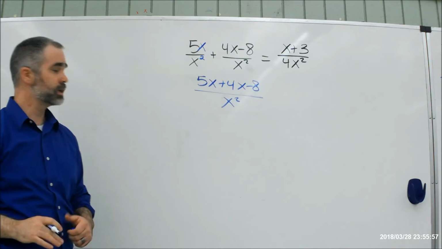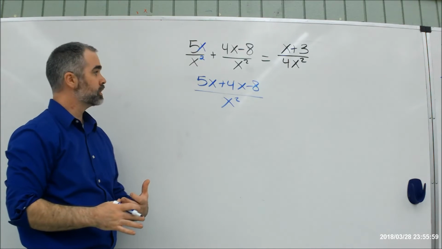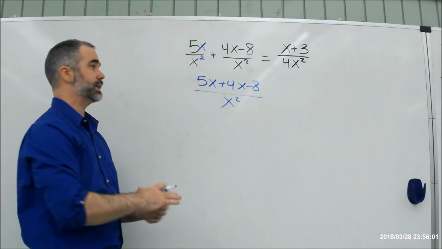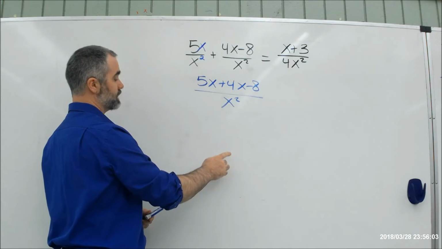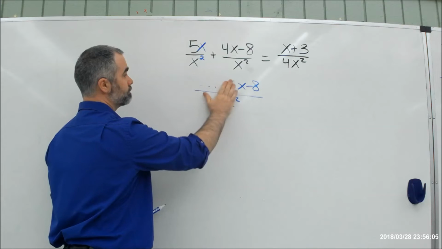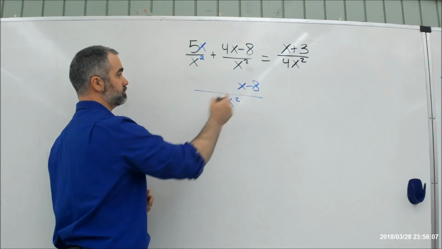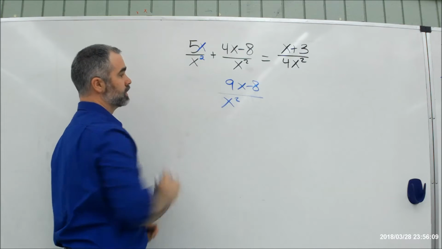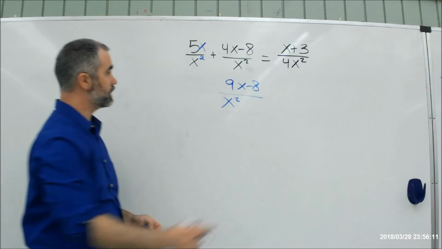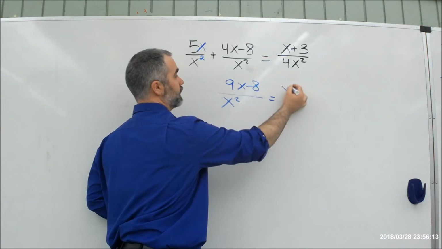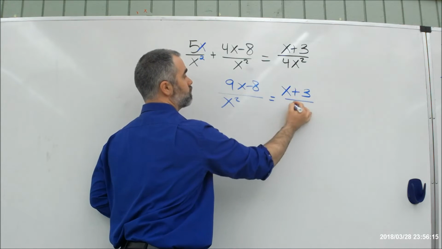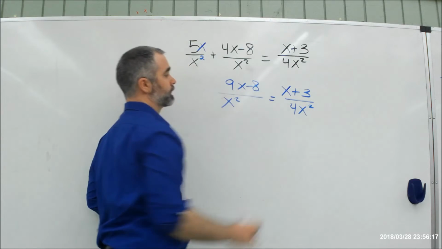Combine like terms. And 5x and 4x combine together to make 9x. So you can just go ahead and write that in right now on your paper. So we get 9x minus 8 over x squared equals x plus 3 over 4x squared.